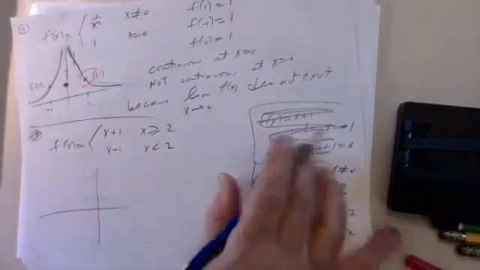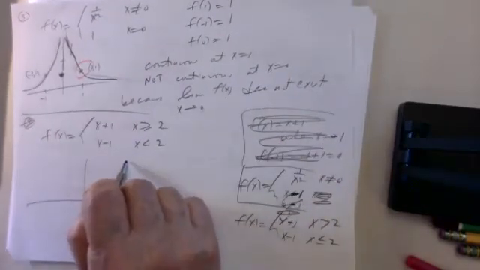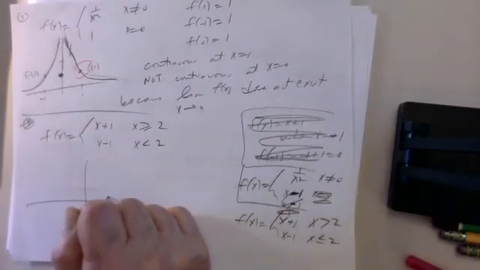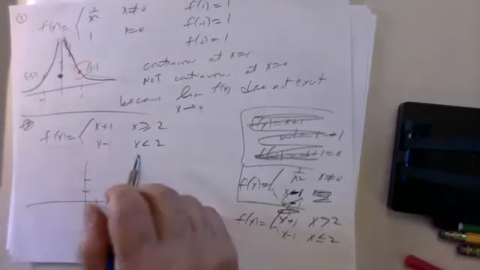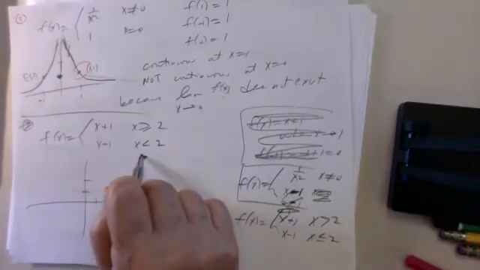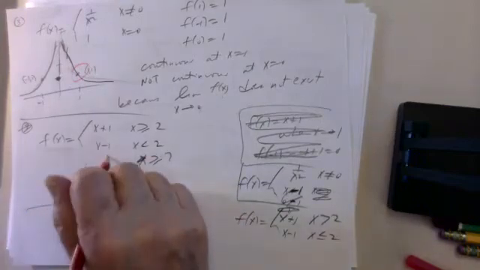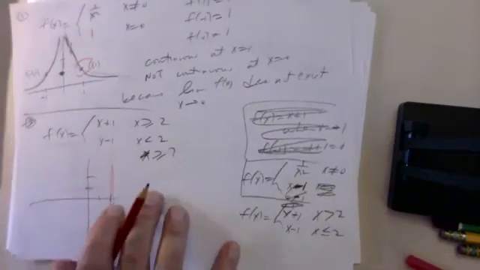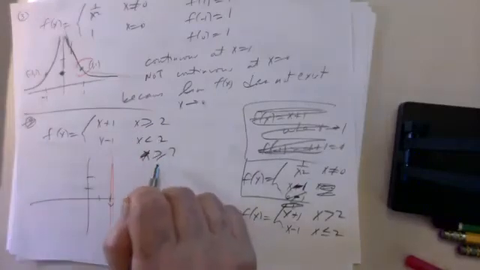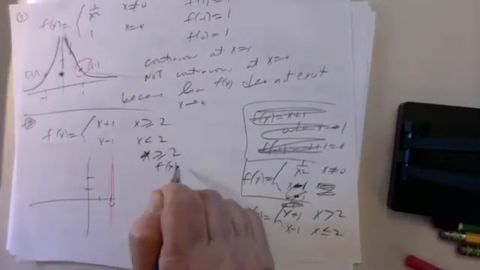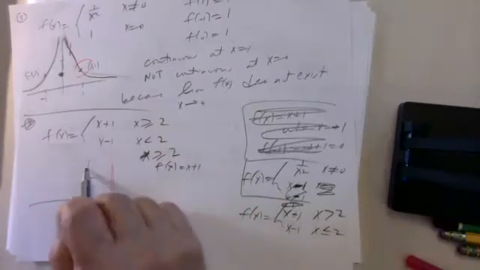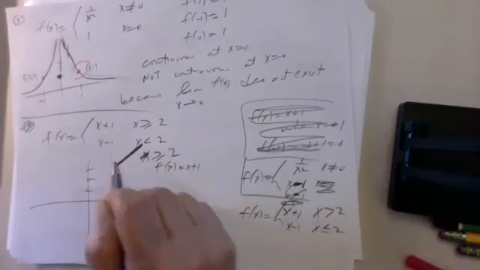So what does the graph look like? Here's 2. So for x greater than or equal to 2, that means on the right side of this line, f of x is x plus 1. So it's a line that looks like that.